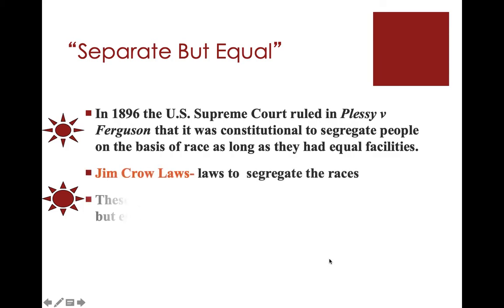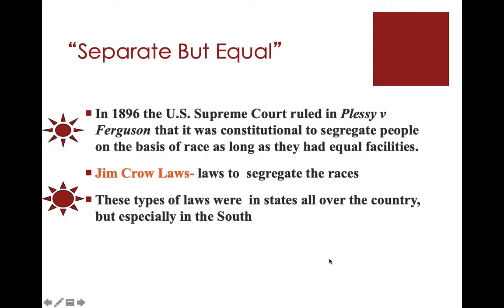And along with that principle of separate but equal facilities, you have the implementation and continuation of a whole series of laws that are collectively called Jim Crow laws that allowed and encouraged segregation throughout the country.